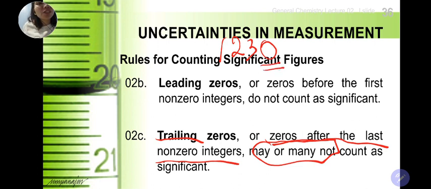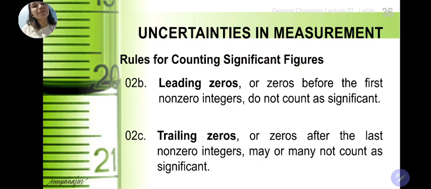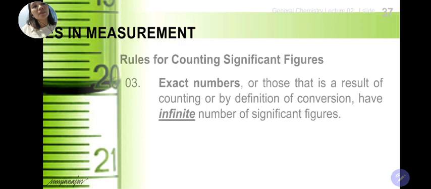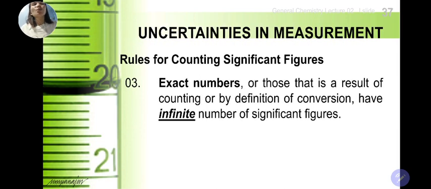This is called the trailing zero because this is the zero after the last non-zero integer. So, these are the rules for counting significant figures. Malalaman natin kung ika-count ba natin yung trailing zero or not.